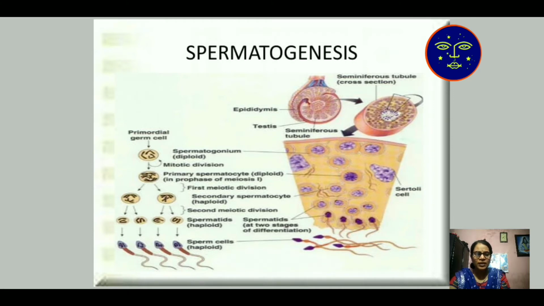In the first step, primary spermatocytes are produced, and primary spermatocytes undergo the first meiotic division and give 2n number of secondary spermatocytes, and the secondary spermatocytes go through the second maturation division or second cycle of meiosis and give rise to 4 spermatids or 4 sperm cells.